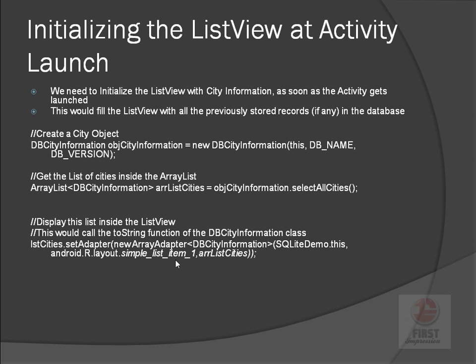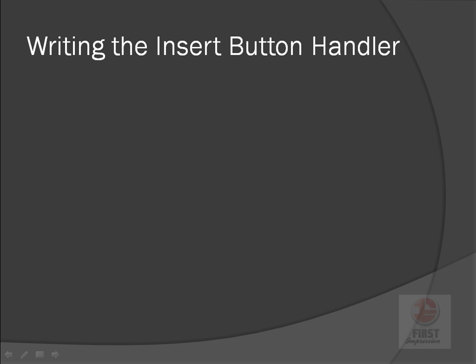This is the layout which will be used, comma the list of cities that we want to display. So this arrListCities contains all the objects. For all the objects, the toString function will be called, and you will be getting all the records separated by a comma.